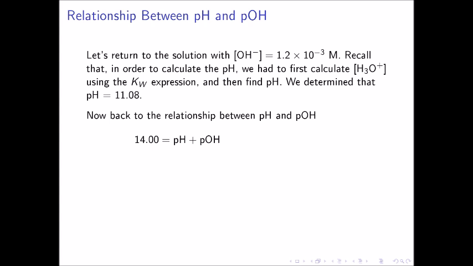Recall that the sum of pH and pOH equals 14.00. This tells us that the pH of this solution will be equal to 14 minus the pOH. Thus, when we substitute in, we find the pH is equal to 14.00 minus 2.92, which is equal to 11.08, the same value we got in the previous example.